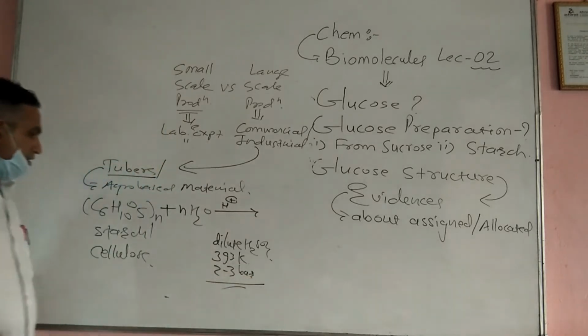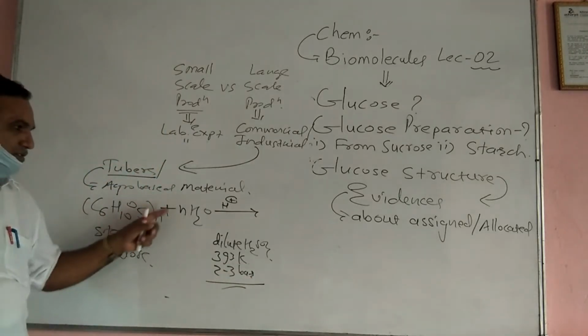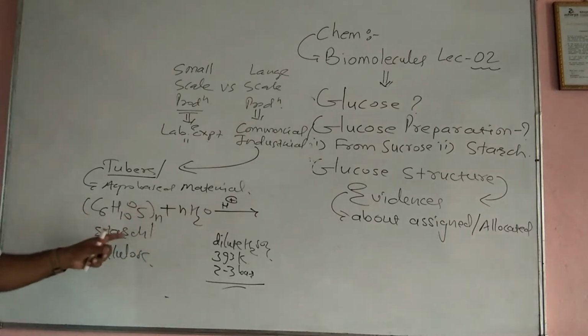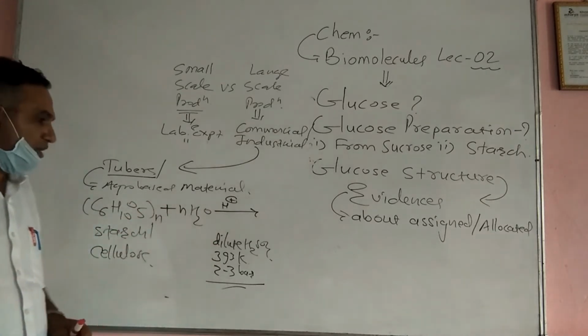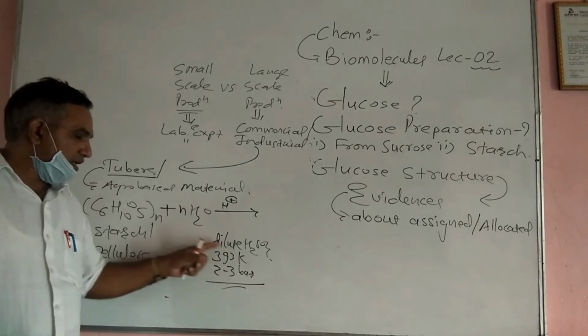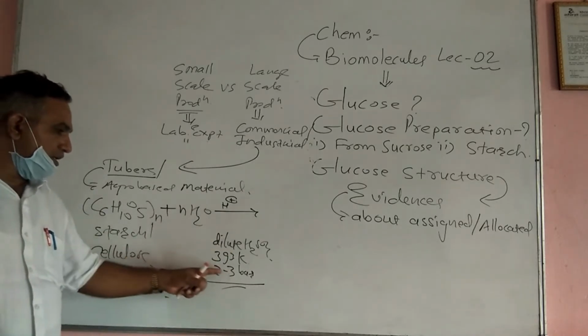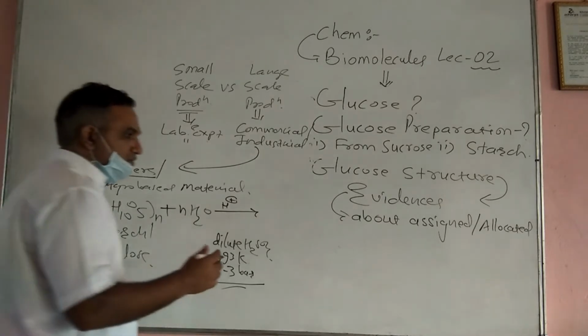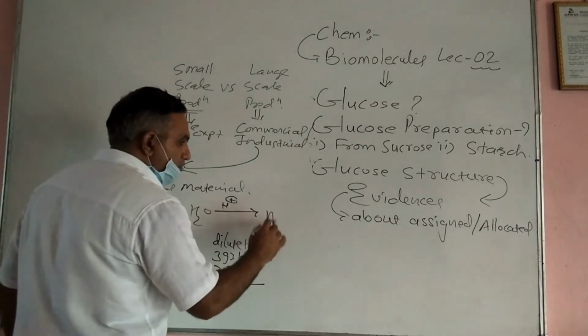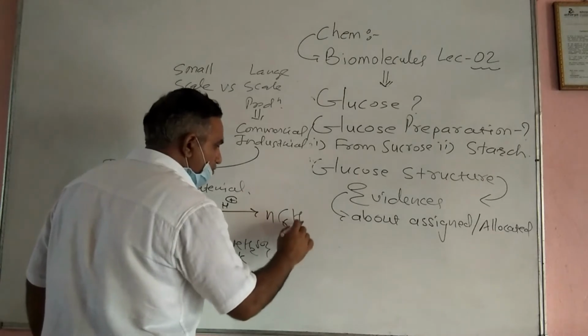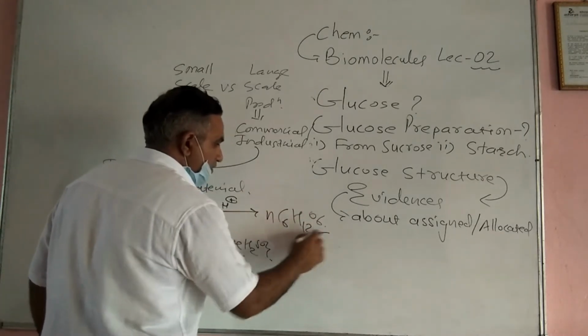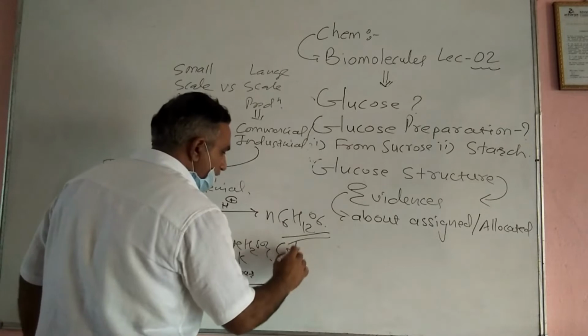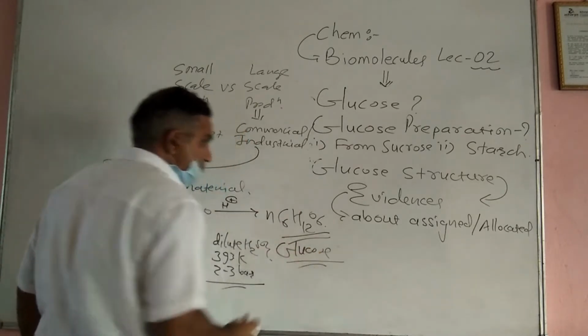So when starch hydrolysis is performed with the help of dilute H2SO4, 393 Kelvin temperature and 2 to 3 bar pressure, then we will get the n number of glucose molecules, C6H12O6. So this is the glucose.